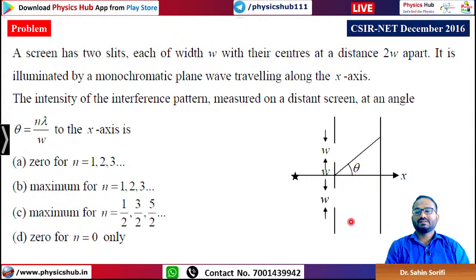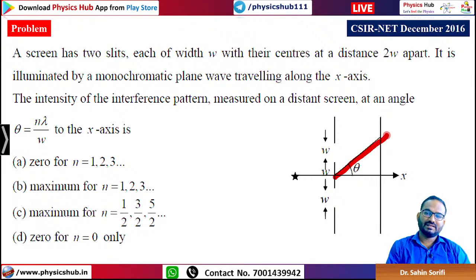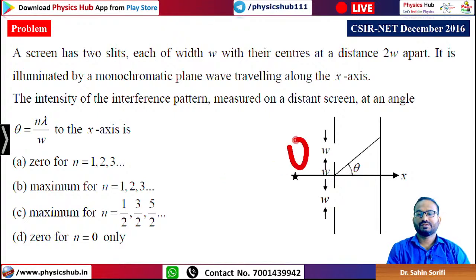And as the screen is situated at a very large distance, we can take this theta to be very small. So sin theta can be approximated to tan theta, can be approximated to theta. From this, can you do this problem?